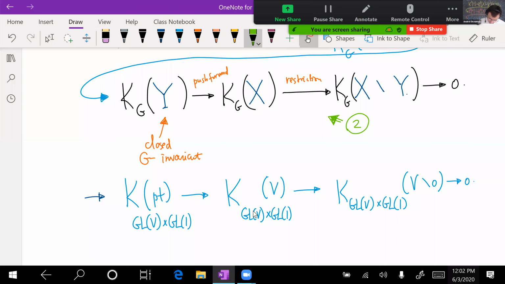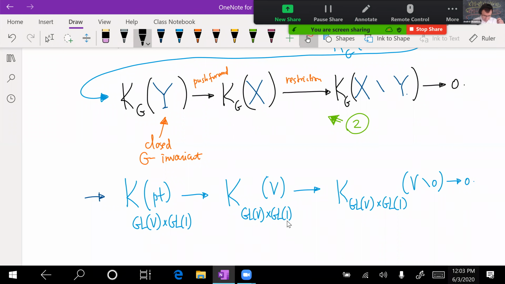And so now we have to compute the cokernel of this map, but there's a third important principle. If I have a vector space and I consider sheaves equivariant with respect to, in particular, the scaling action on my vector space, then every such sheaf, first of all, can be resolved by free sheaves with some group action.